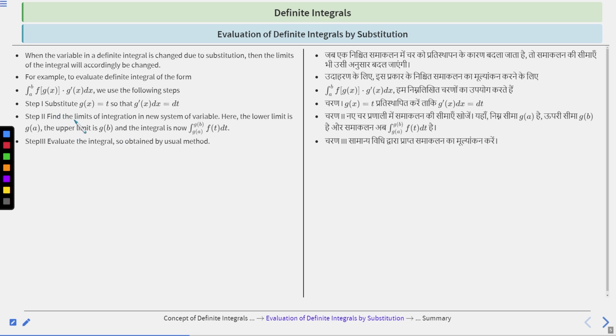So step 1, substitute g x is equal to t, so that g dash x dx is equal to dt. Step 2, find the limits of integration in the new variable. Here the lower limit is g a, the upper limit is g b, and the integral is now integration from g a to g b f t dt, right? Step 3, evaluate the integral obtained by the usual method. Clear? Got it?